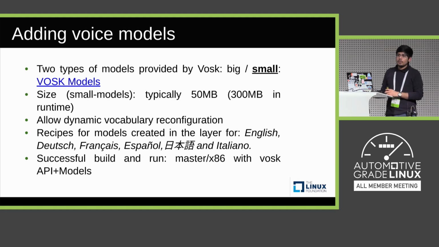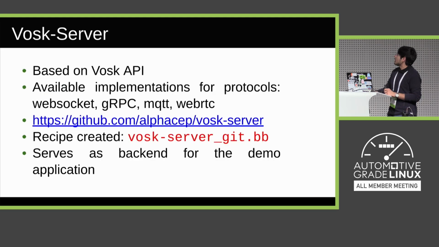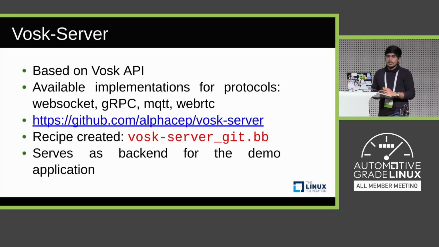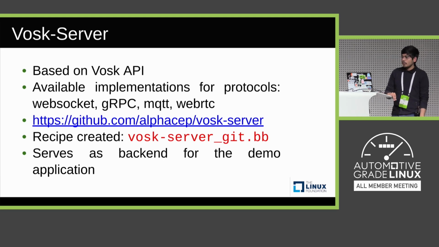But Vosk API is not the only thing that would solve all of our requirements, because we want to serve these functionalities to some applications. So we needed a Vosk server. This is the server, which is provided along with Vosk. It's present in a separate repo, and this is a very useful server because it provides implementations in WebSocket, gRPC, MQTT, and WebRTC.